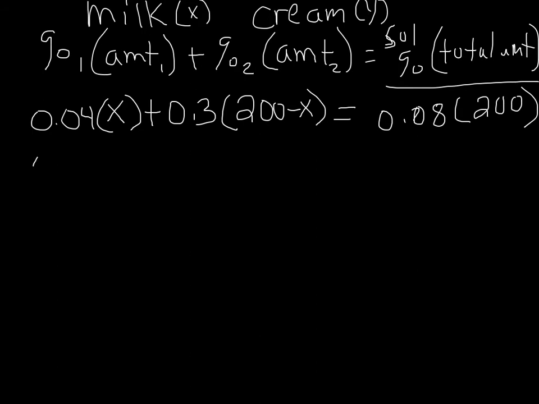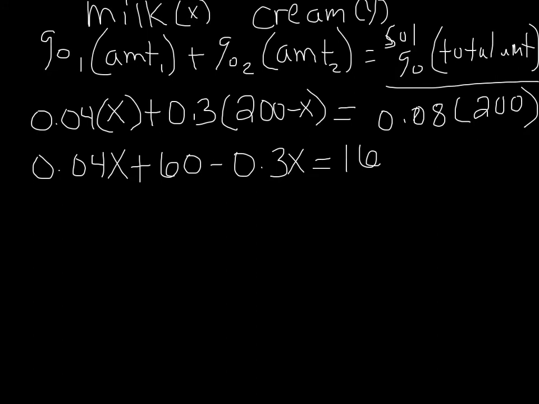So you'll have 0.04x plus 60 minus 0.3x, and that will equal 16. Okay, and then if you combine your like terms, you're going to get a negative 0.26x.